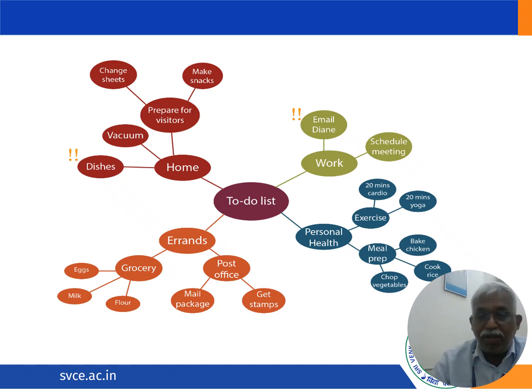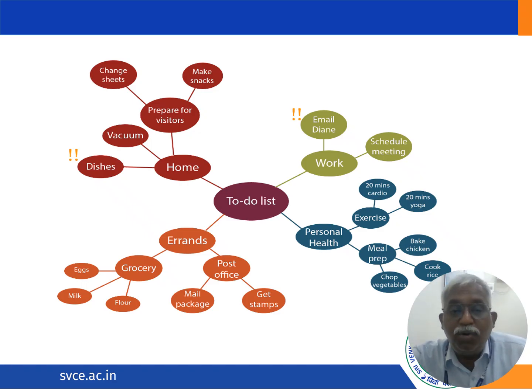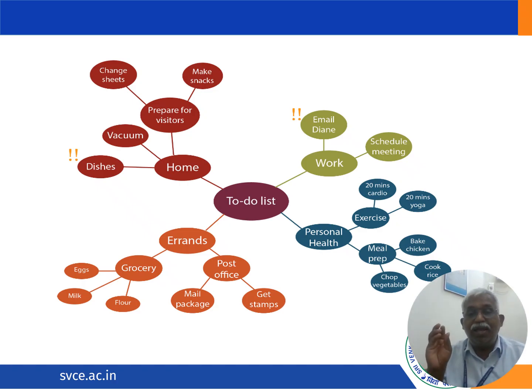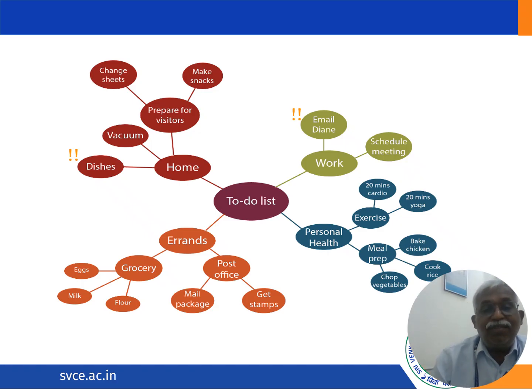We will help them go to the restroom and so on. So these are the ways to prepare, the main objective of facilitating our guest. So this is the way to do a to-do list.